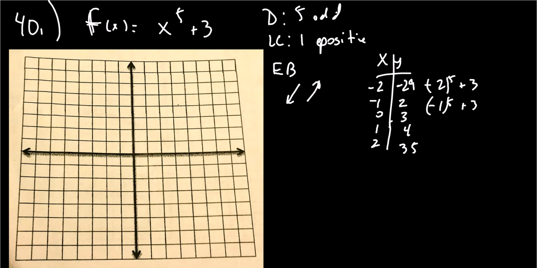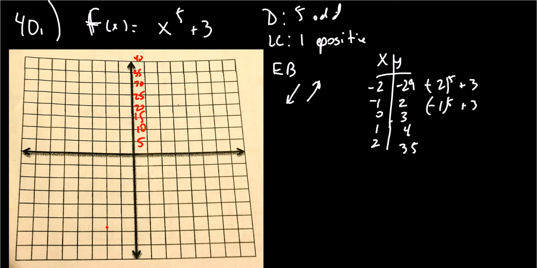I'm going to make my y's go by 5. We'll say 5, 10, 15, 20, 25, 30, 35, 40. So I'm going to go negative 2 down to negative 29.